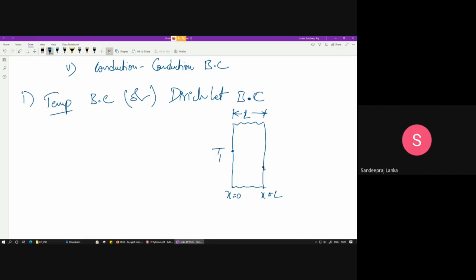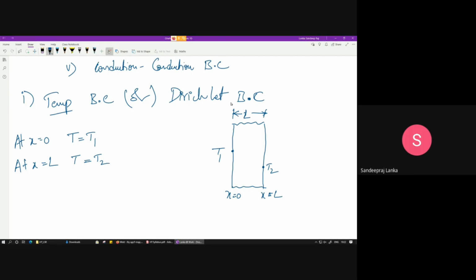On the other side, I want to define T2. I can measure this T1 here and this T2 here. In that case, the boundary condition will be like this. At x is equal to 0, the temperature is equal to T1. And at x is equal to L, the temperature is equal to T2. So this will be a temperature boundary condition in this case.